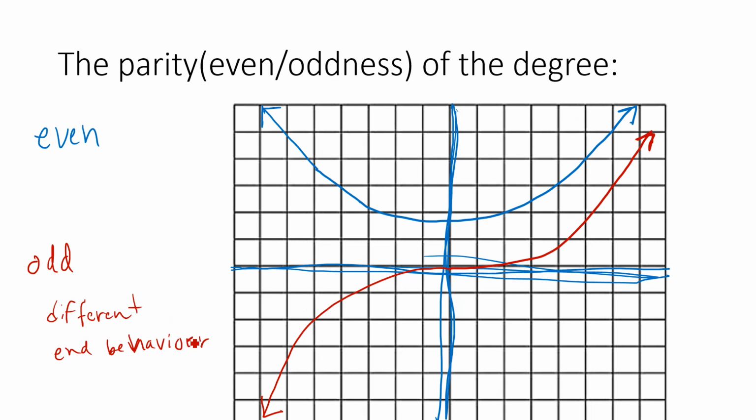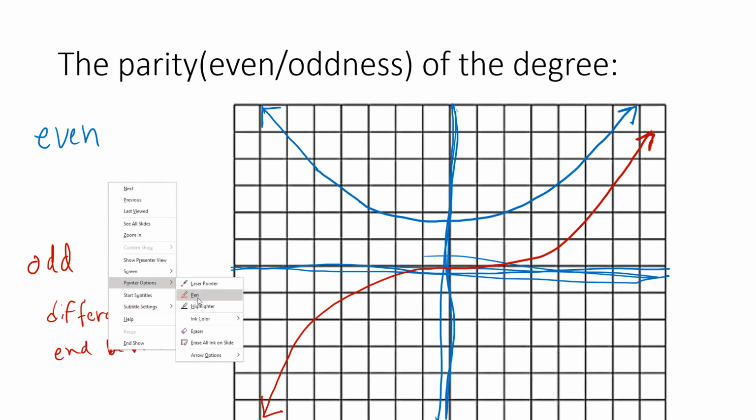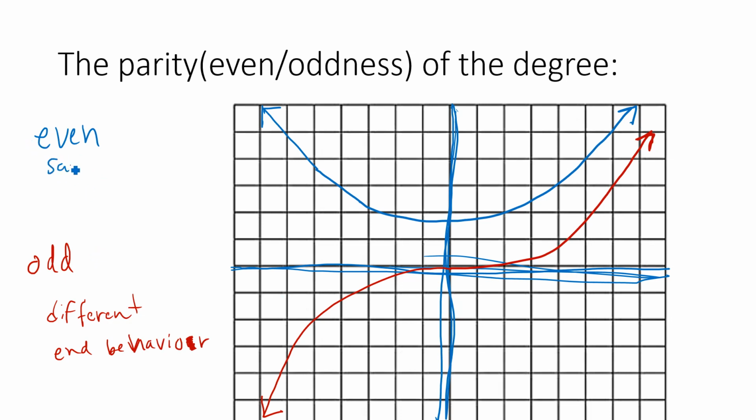Whenever it's even, it has the same end behavior. There we go. Okay, so whenever it's even, it has the same end behavior.